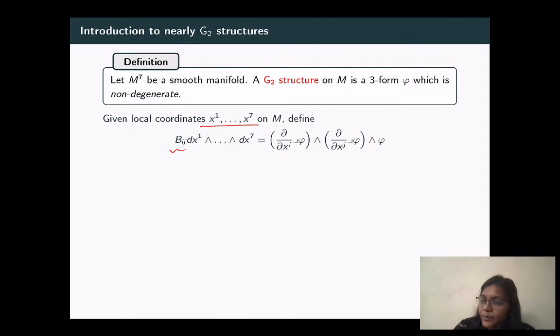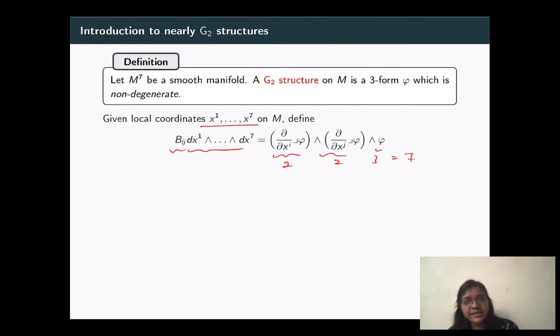Here you can see on the right hand side, this is a 2 form, this is a 2 form, and this is a 3 form. So in total they give a 7 form. So it is a multiple of the volume form, which is given by this, and thus this B defines a 2 tensor.